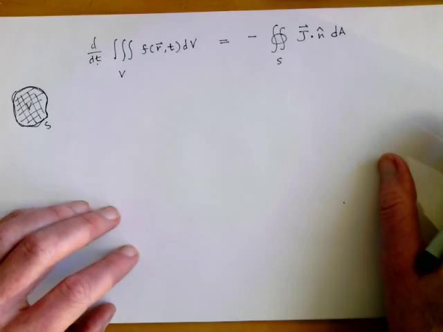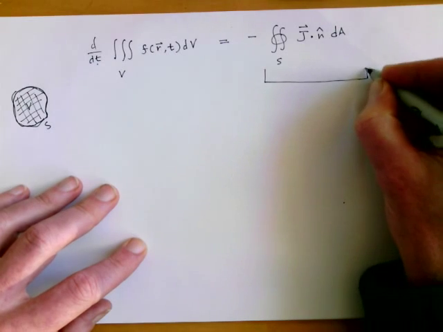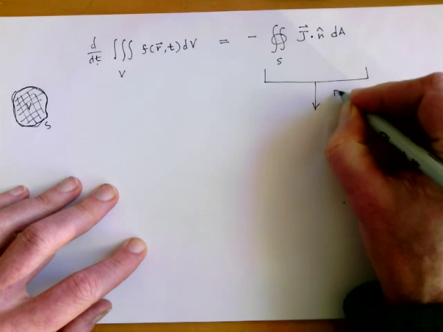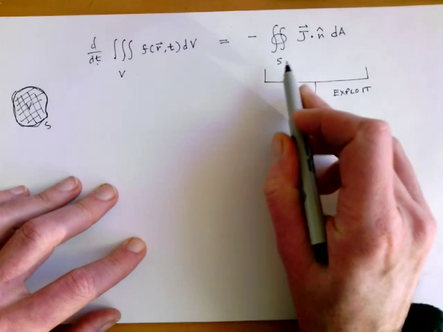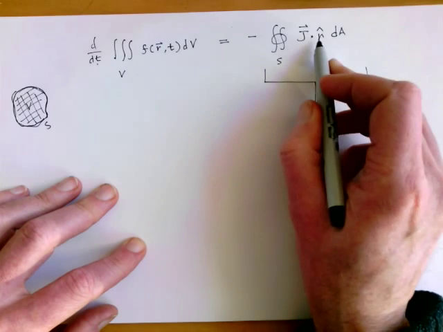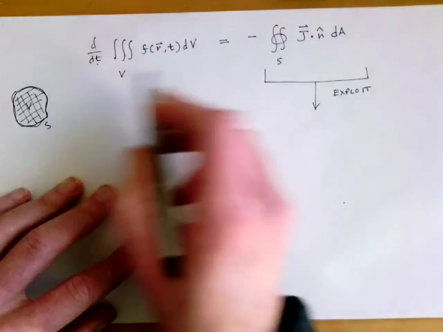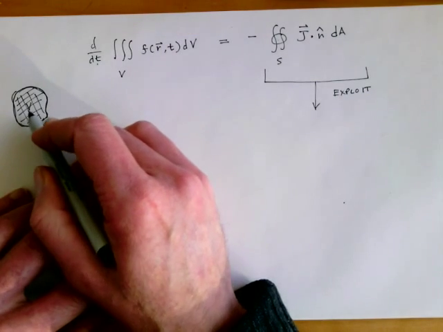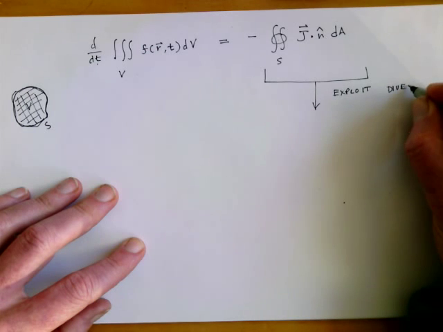Now what we're going to do is exploit the divergence theorem. When we exploit the divergence theorem, we take advantage of the fact that when you do a surface integral to calculate the flux, that could also be written as an integral over the entire volume of the divergence, because you remember that the divergence is simply flux per unit volume.